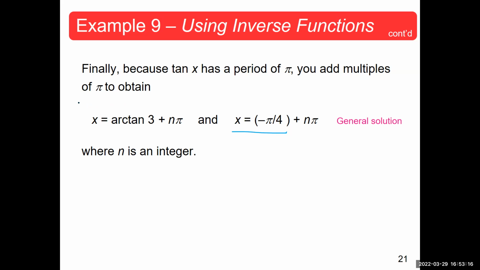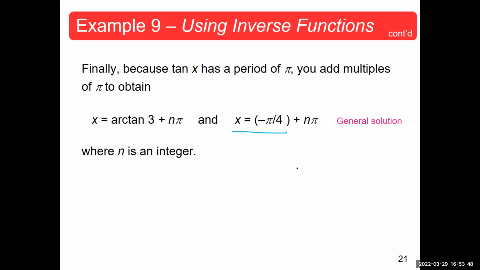But the other one seems like this fraction is not known, although they said arctangent of 3 plus m pi. So I didn't want to do it hard. Why is it not 2 m pi? It's m pi.